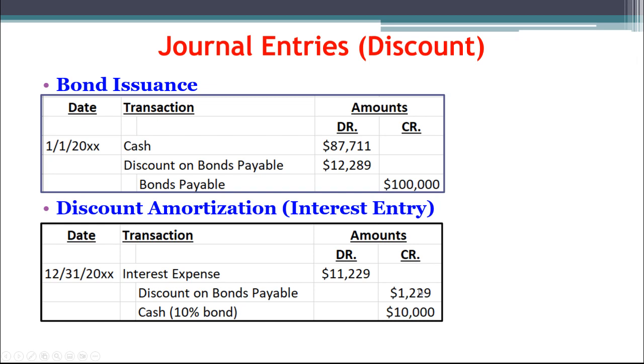So now we have two credits, so we have to have a debit that is large enough to account for both of these credits, $11,229. As we said earlier, amortizing a discount increases the interest expense above and beyond the cash interest paid. That's what we're saying here.